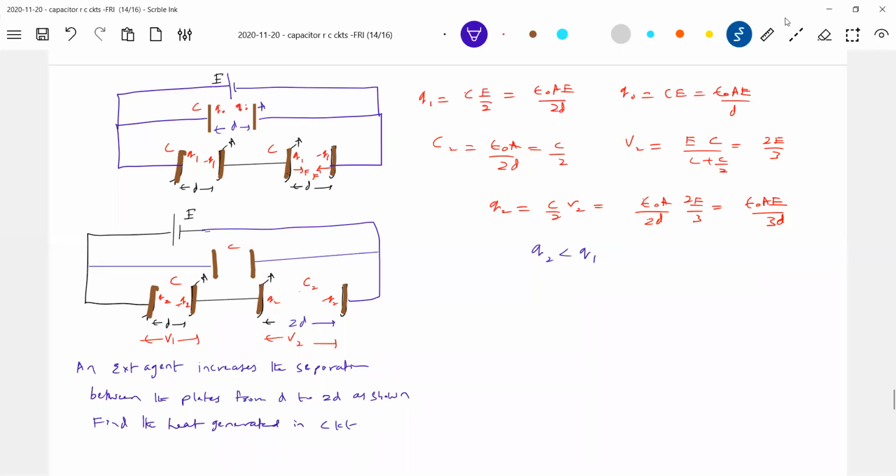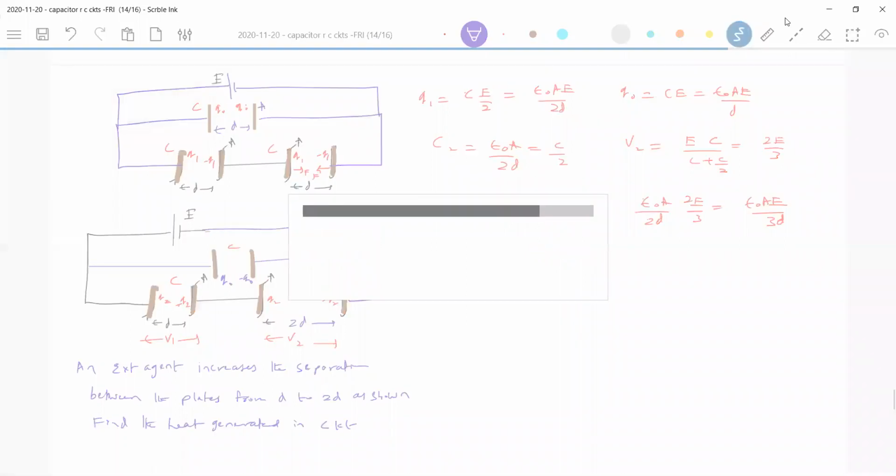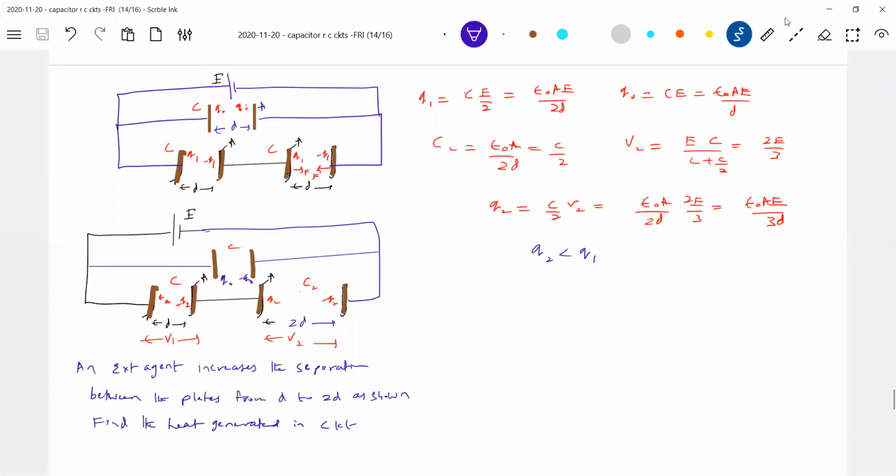And there's no change in the charge here, Q naught minus Q naught. He's asking for the heat generated. So whose help should I take here? Is there any flow of charge in the circuit? Let's go for tracing of charge. Q2 is less than Q1, no?